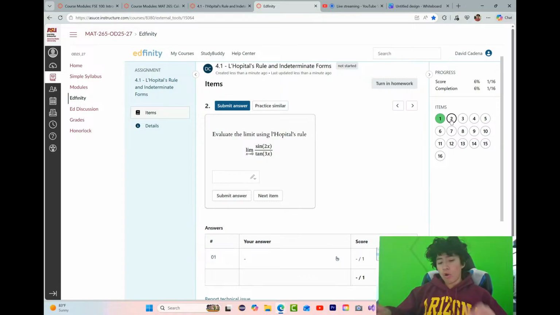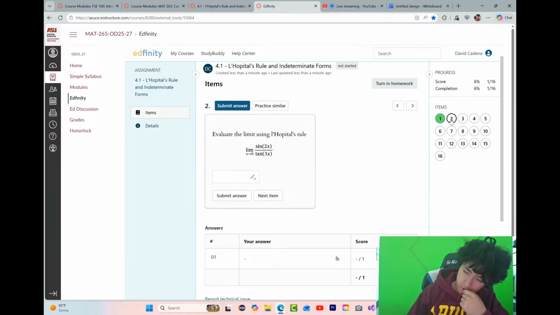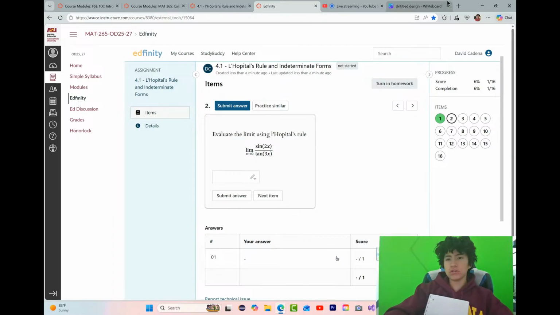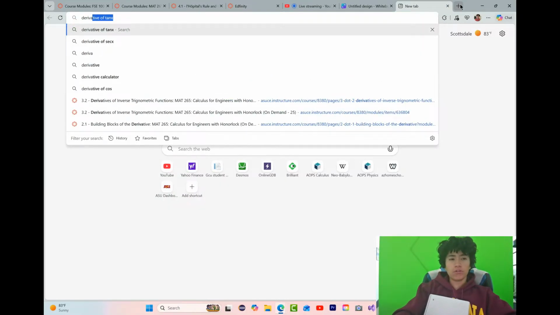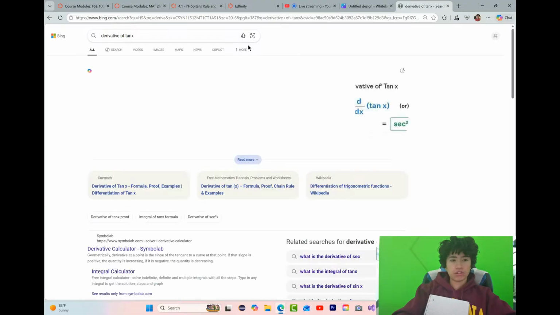Beautiful. So, plugging in 0, we get 2 times 1, which is 2. Cosine of 0 is 1. 2 times 1 is 2. 2 over 3 times. Okay, and what is secant? Do I have to know what secant is? Wait, hold on. First of all, derivative of tangent, that's secant squared, right?